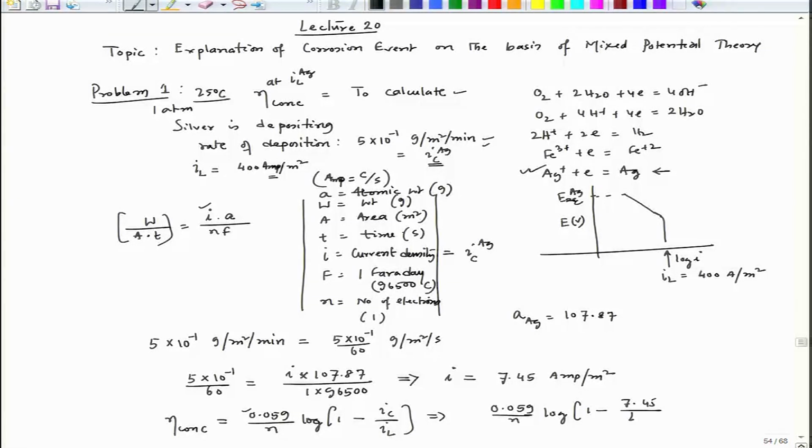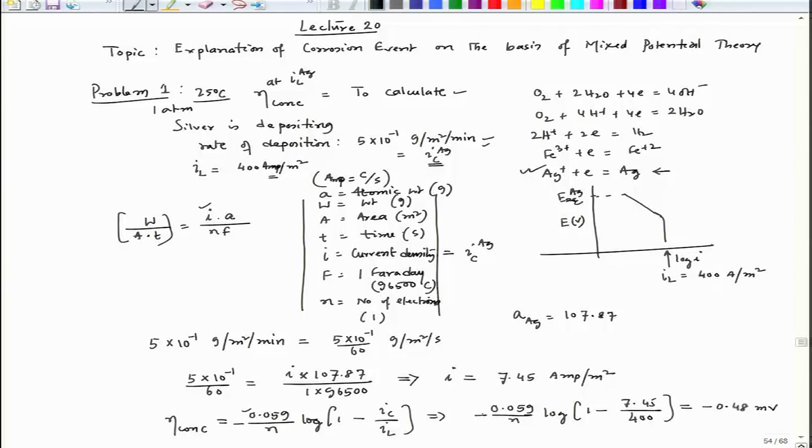7.45 by 400. So, this becomes minus 0.48 millivolt. So, we could see that the potential drop, sorry, here we have to put a minus sign.